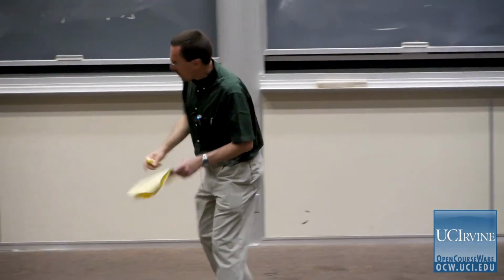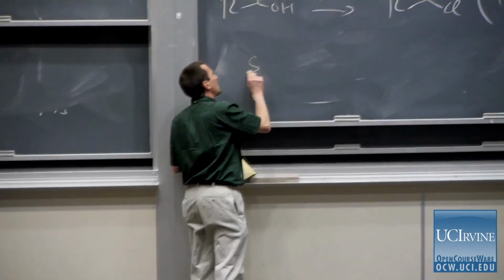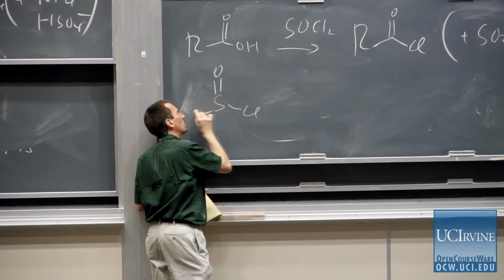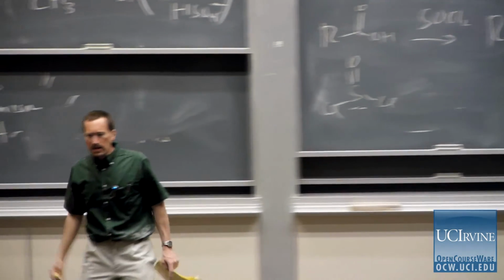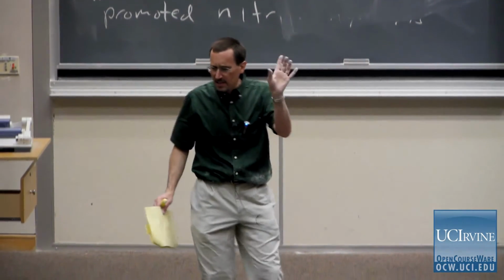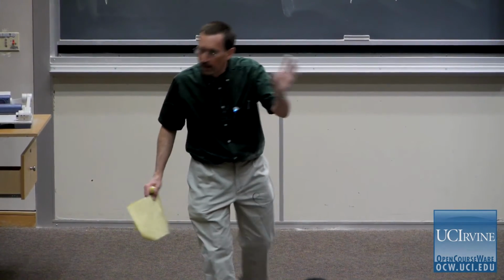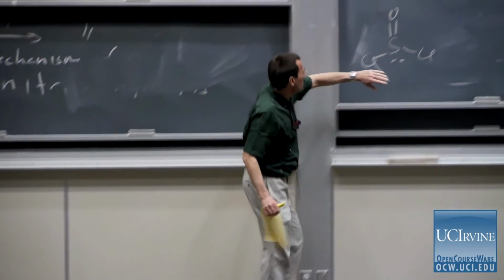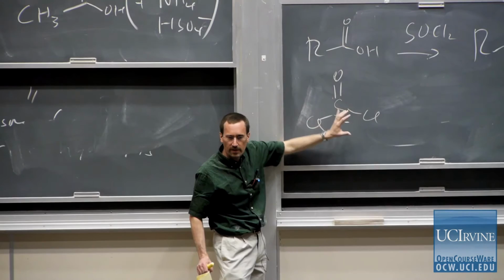So I don't want to go into full detail on the mechanism, and again, I'll leave it to your textbook, but I do want to bring out a theme that highlights this chemistry. Thionyl chloride is kind of a double acid chloride of sulfur. Indeed, this is very similar to another species, phosgene, which has a carbon here, which also does this reaction.